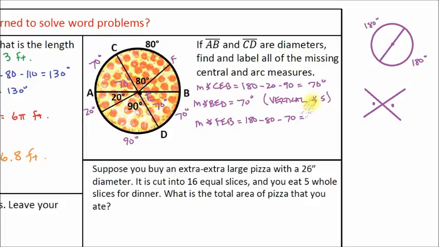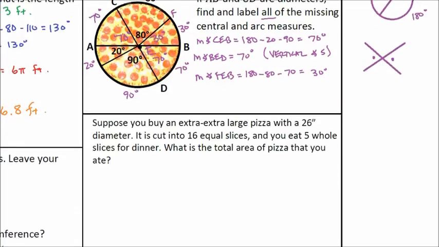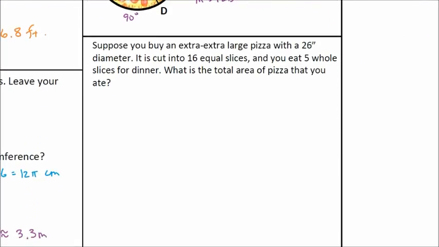Put that in your calculator and you will get 30 degrees. And that means this is 30 degrees, and that means arc FB, the measure of arc FB, is 30 degrees as well. So now take a look. I've labeled all of my central angles and all of my arc measures, and that's what it says, label all of the missing central and arc measures. So that one's done.